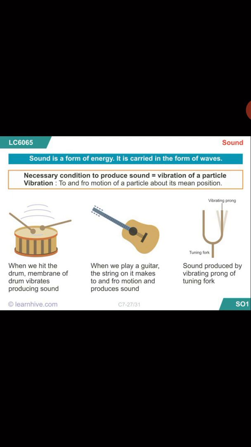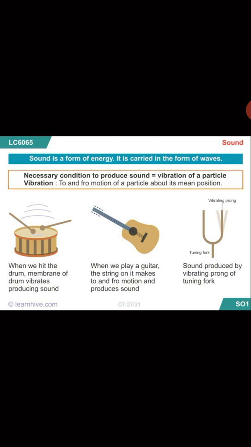In the third image, the object given is called a tuning fork. It is used for practical purposes in physics. So what does this tuning fork do? We have to hold the handle of the tuning fork and bang it against a solid.